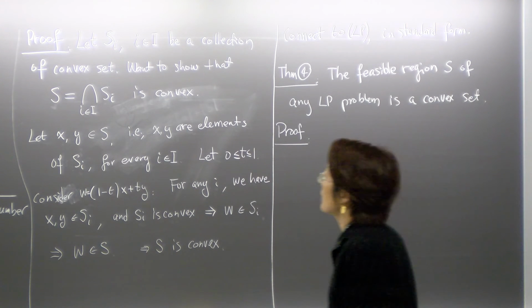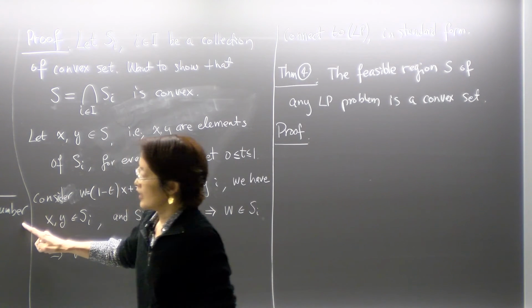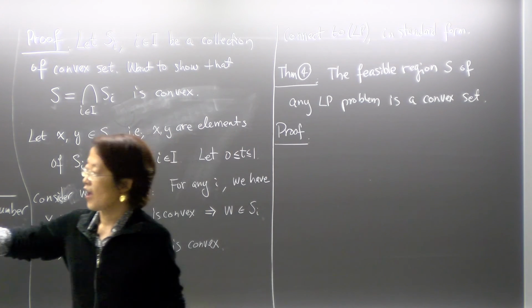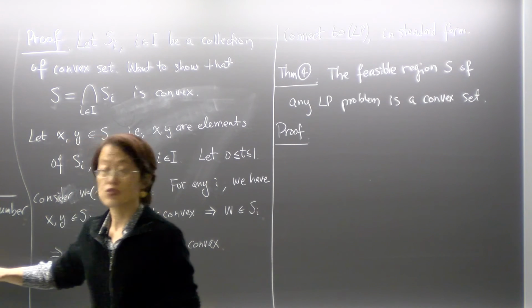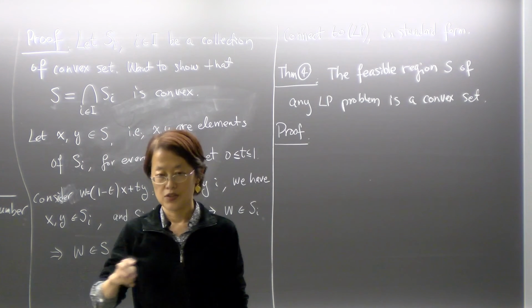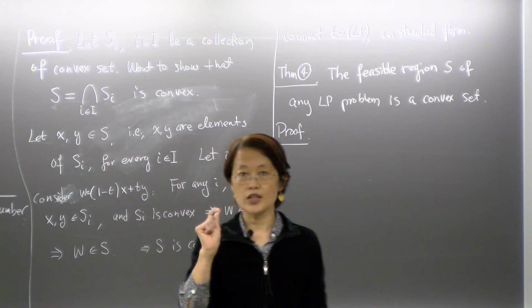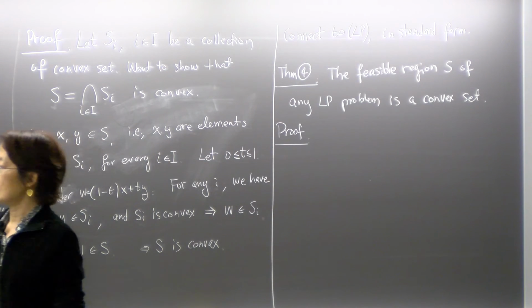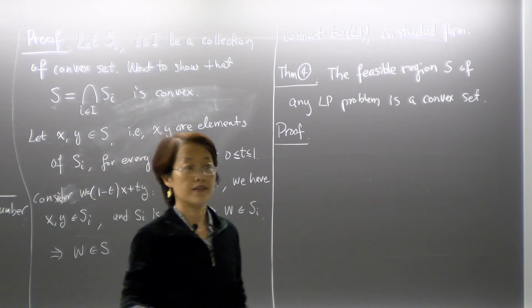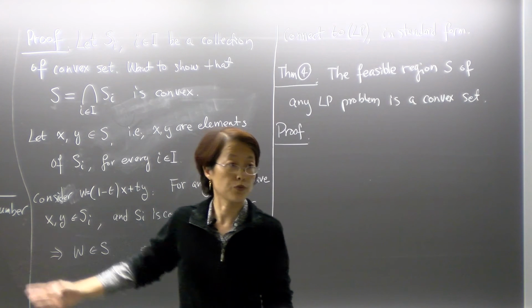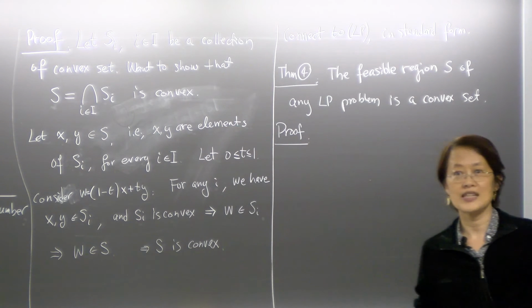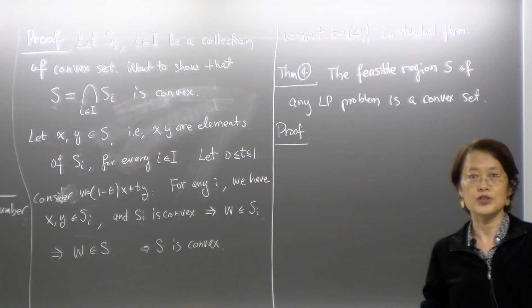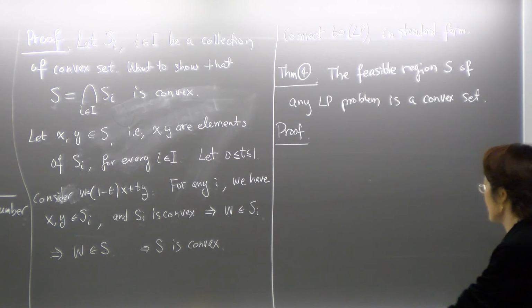What does proposition 3 say? The intersection of any number of convex sets is also convex. So if I can show each constraint gives me a single convex set, then I can quote proposition 3 and I am done. Do we see that? That's all I need to show. So it becomes a very simple task in the end.